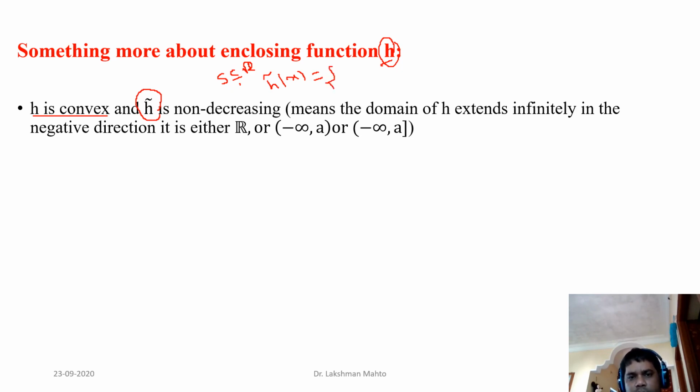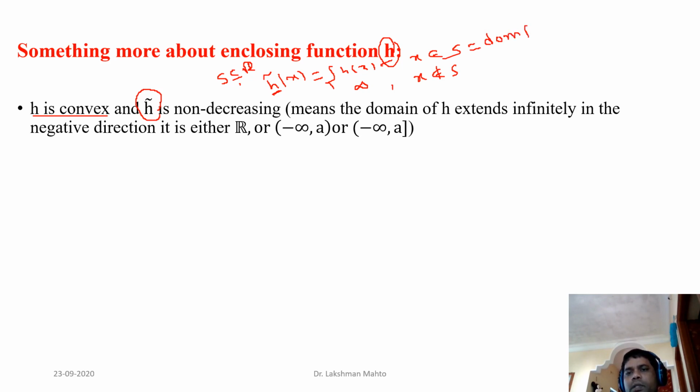It says that H wave, the extension of H, is simply H of X when X is coming from the domain S. But if X is not coming from the domain of function H, in that case H wave takes infinity. It simply says that H is not defined outside its domain.